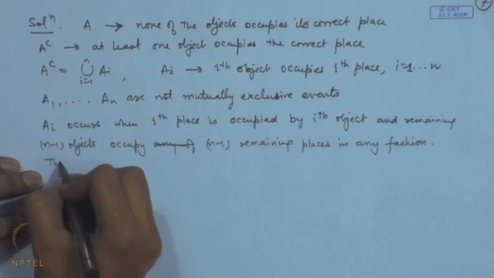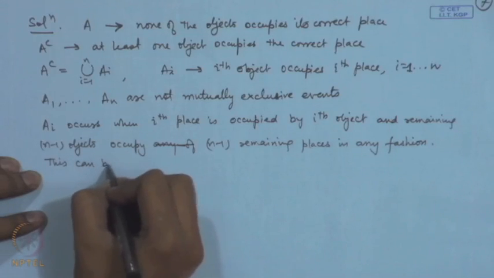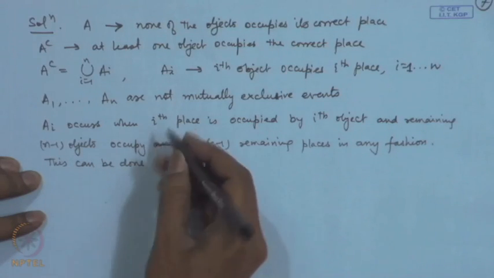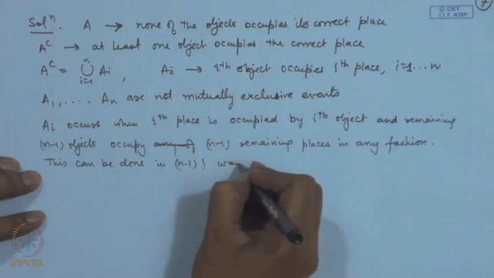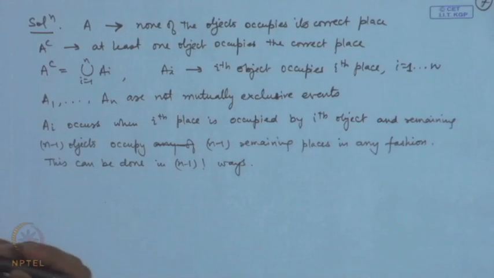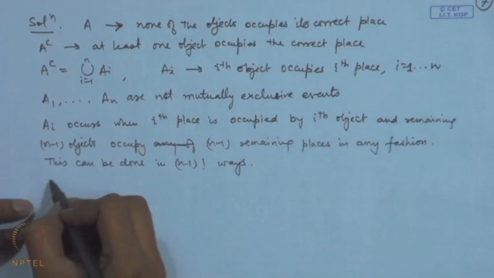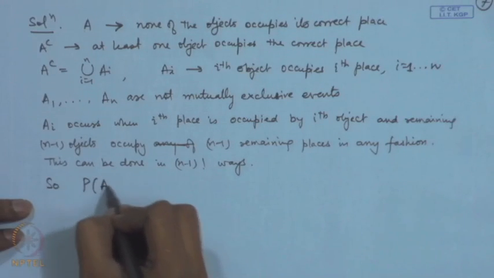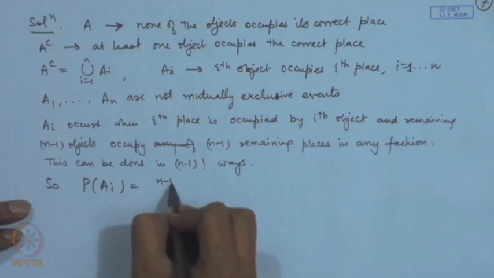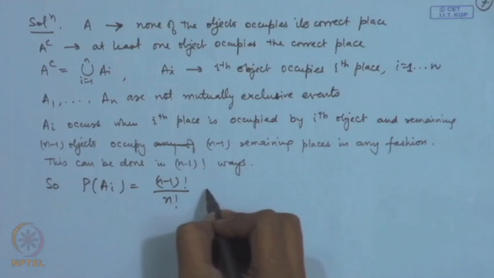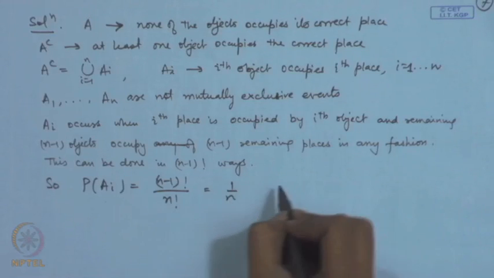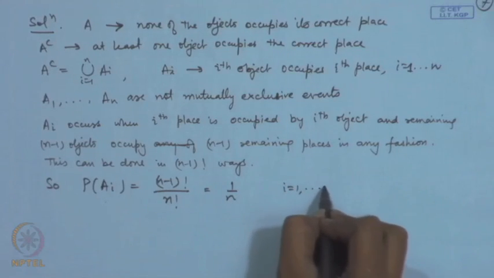This can be done in n minus 1 factorial ways. So, the probability of Ai becomes n minus 1 factorial divided by n factorial, which of course, you can write as 1 by n. This will be for all i.